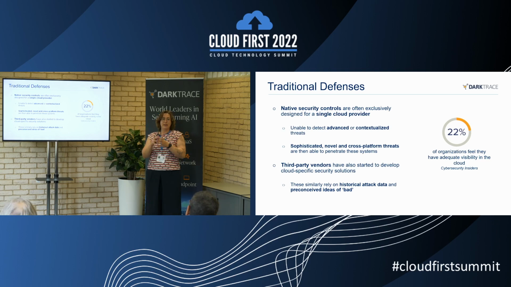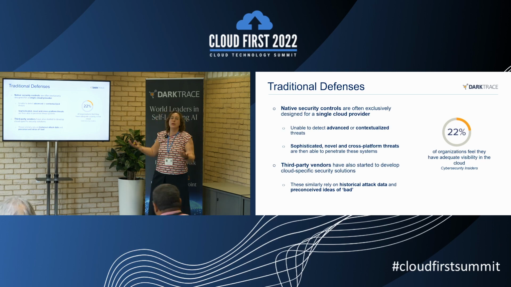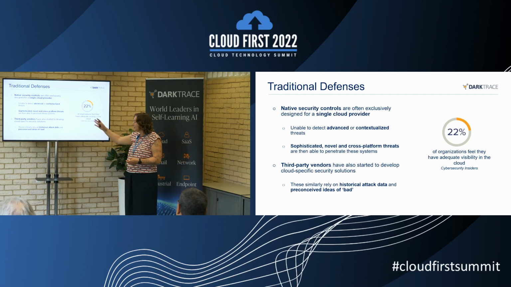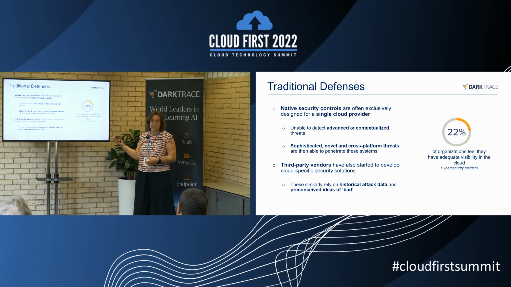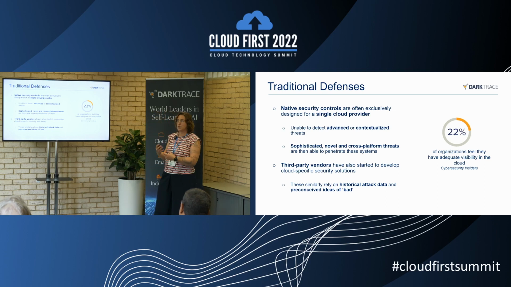You can have your security for your AWS, you can have your security for your Microsoft 365, but what if one account is compromised and then jumps over into the other? Will you be able to notice that? Will you be able to figure that out and connect the dots of what's actually going on? Or will you only realize it when it's already too late? That's why these novel and cross-platform threats are so difficult to realize with these native security controls.